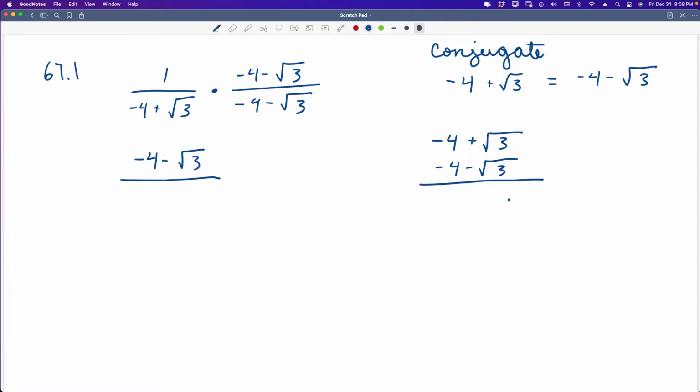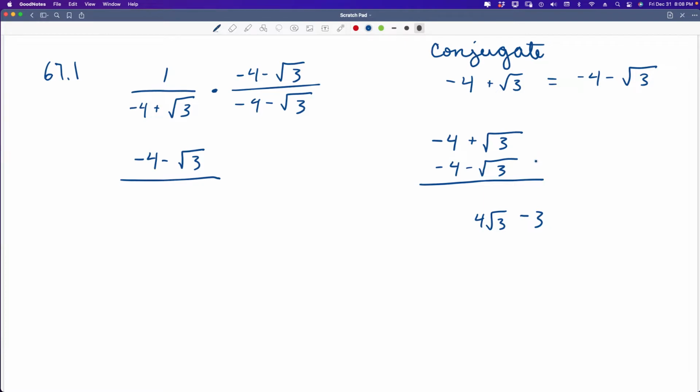We draw a line, and we say the negative square root of 3 times the positive square root of 3 would give us negative 3, because a negative times a positive is a negative, right? Now we say negative square root of 3 times negative 4. Negative times negative gives us 4 times the square root of 3. Do we see that?